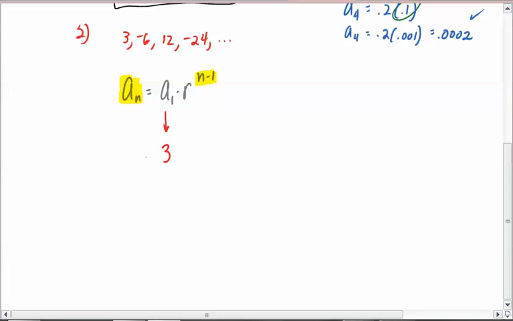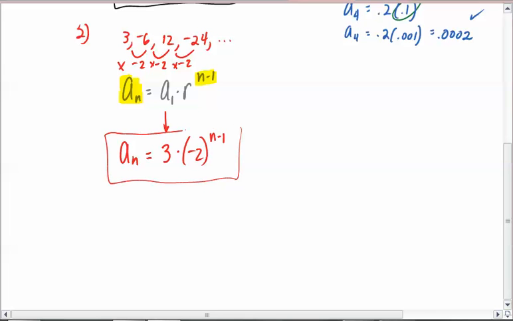That's a 3. And now I need my common ratio. Well, my common ratio this time, let's see. Looks like I'm multiplying by -2. Let's see if it works each time. By -2, by -2. Multiplying by -2. That's definitely my common ratio. So there's my formula for the nth term.